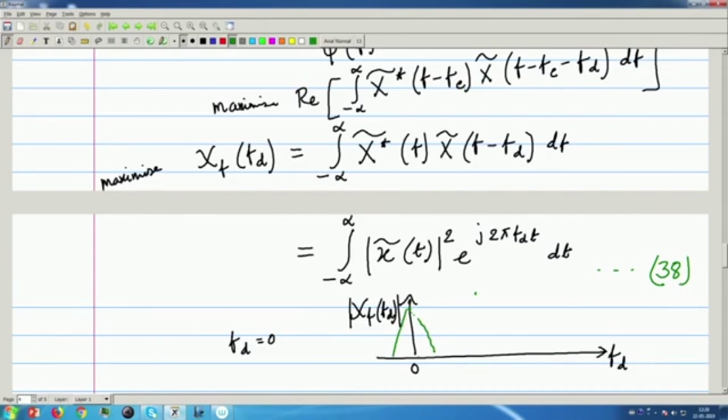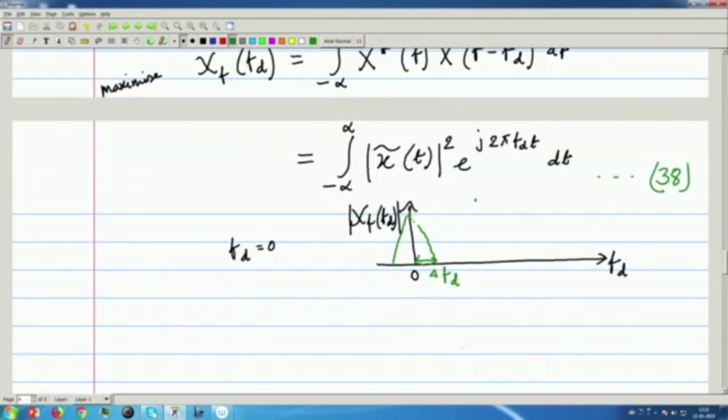So, the falling width, that will be called the resolution. So, if I call it delta f d, that is the resolution.